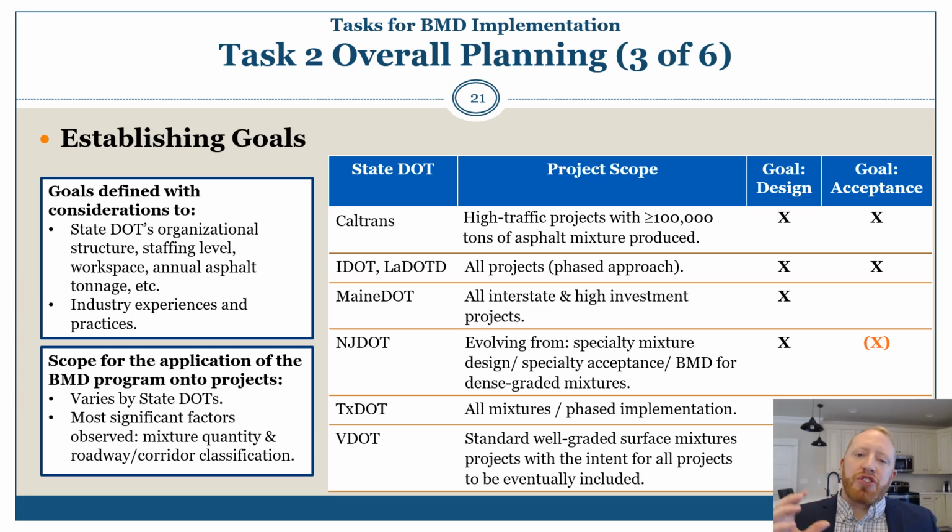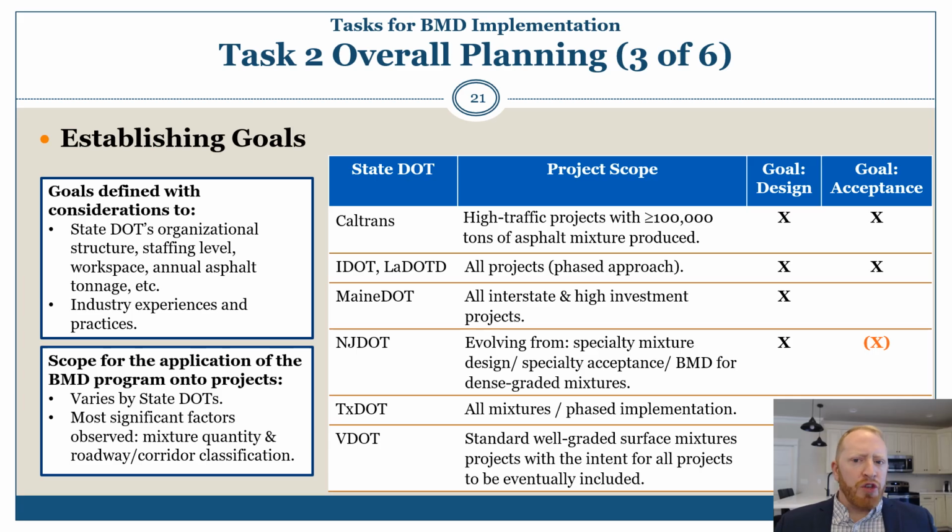The scope for the BMD program and how they use it on projects varies, and primarily the major things that we see change there are mixture quantity and roadway corridor classification for how they might use BMD. How much mix is going on projects and where are the projects?